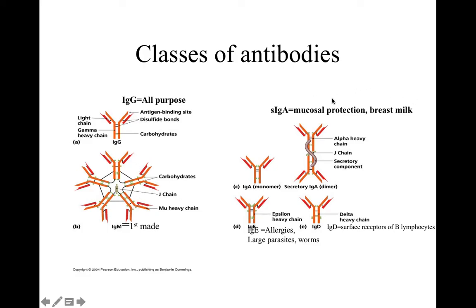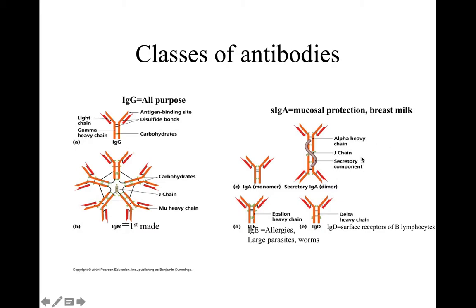And then, folks, we're going to go over here. This is another amazing antibody. So we can see it starts out looking a little bit like an IgG, right? But these antibodies get secreted across the epithelial cells of mucous membranes. And when they're secreted, they have a J chain and a secretory component attached.